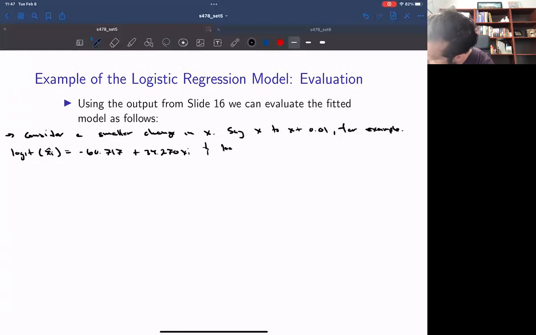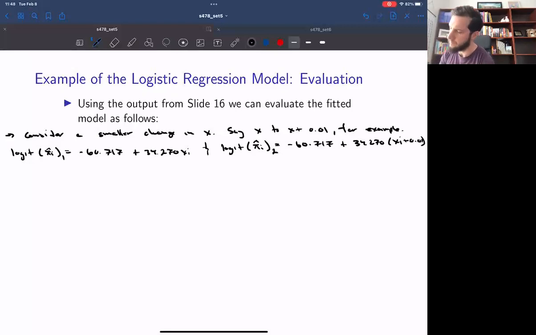And we would have logit pi_i is equal to negative 60.717. I'll call this logit pi_i1, logit pi_i2, plus 34.270 (x_i plus 0.01). Okay.